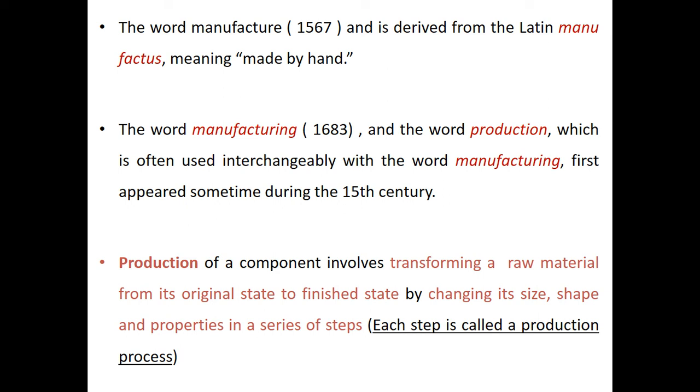The production of a component involves transforming a raw material from its original state to a finished state by changing its size, shape, and properties in a series of steps. Isn't it? You have a raw material with you, and you are transforming it into the component you want.